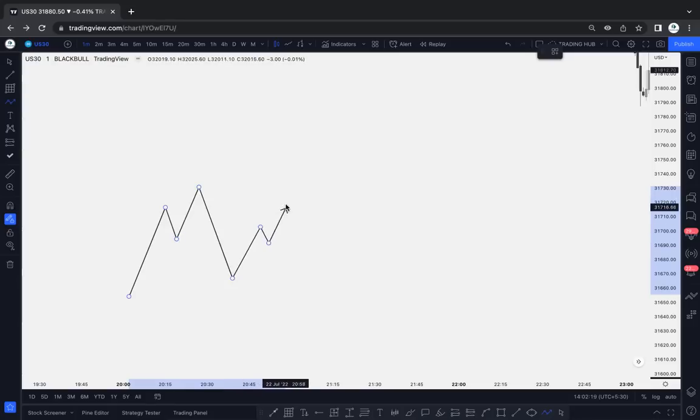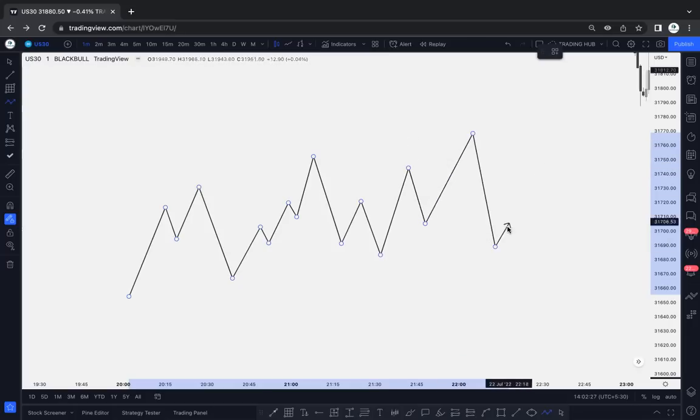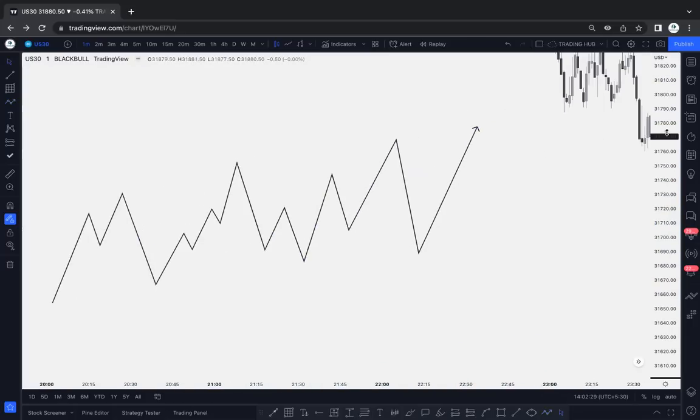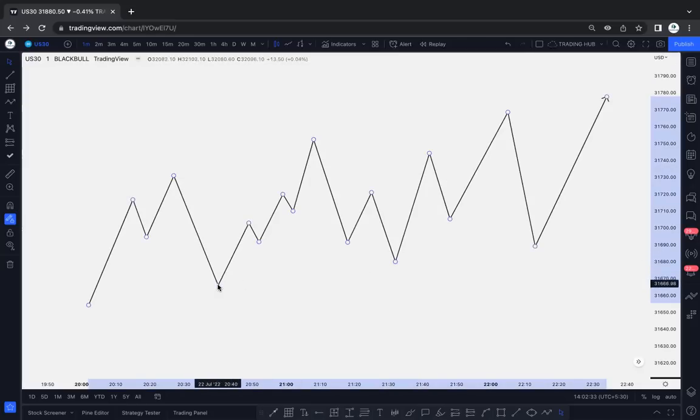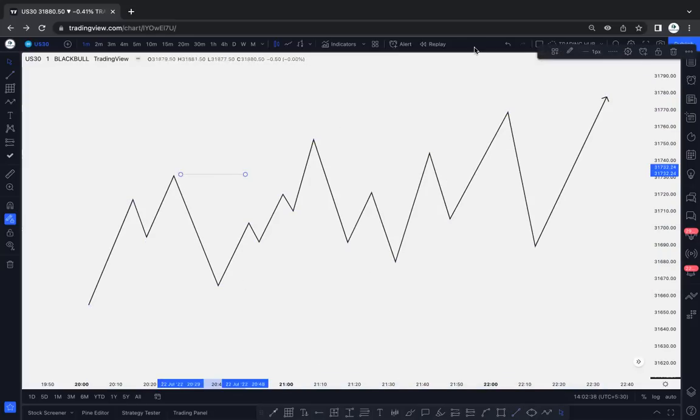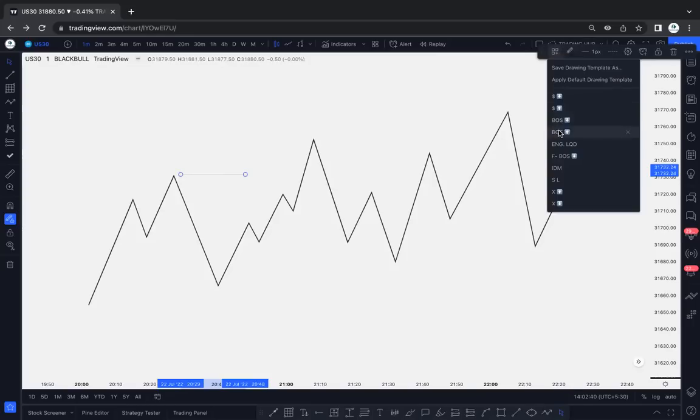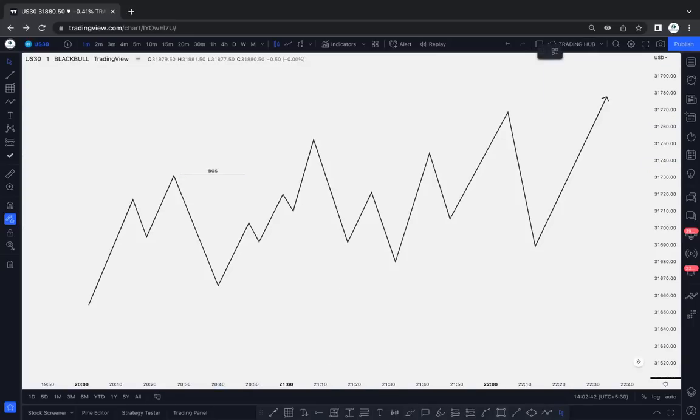Correct. So basically, this is our bullish structure. And why? Because market creating higher high, this is our break of structure, as you can see here.